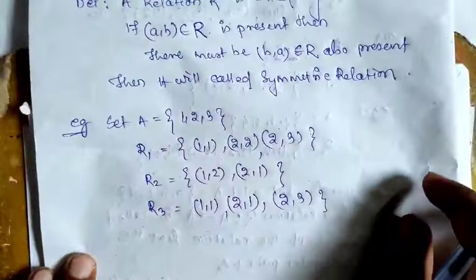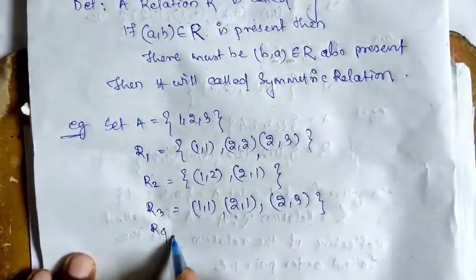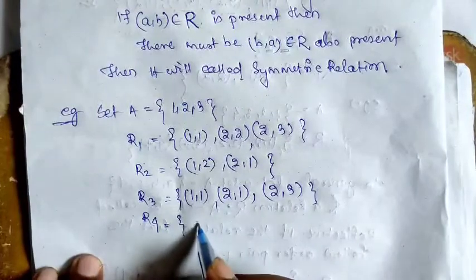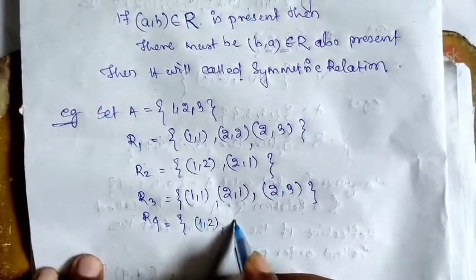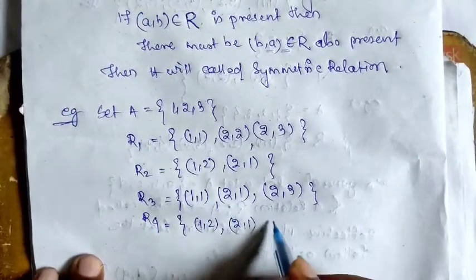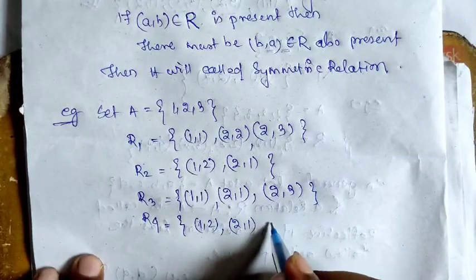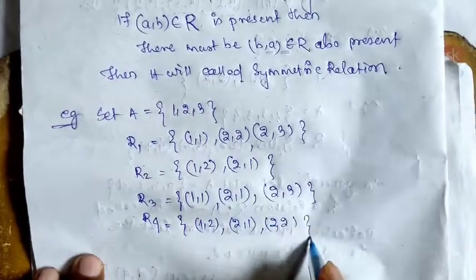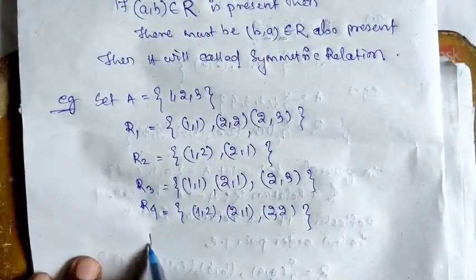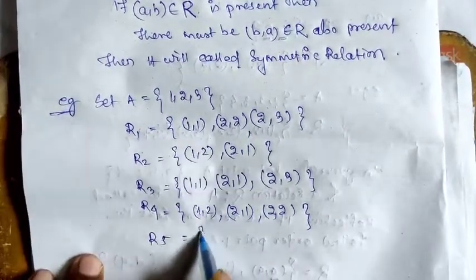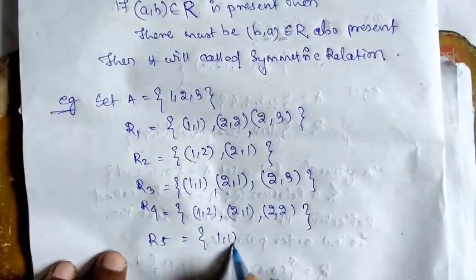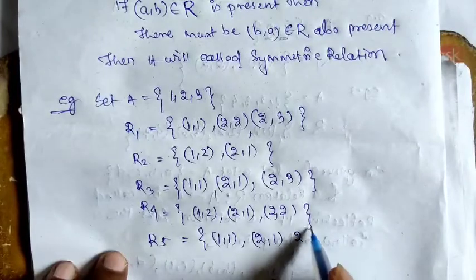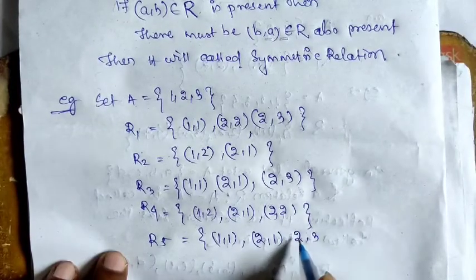Again a relation R4 whose ordered pairs are (1,2), (2,1), (2,2). Okay. R5 whose ordered pairs are (1,1), (2,1), (2,3).